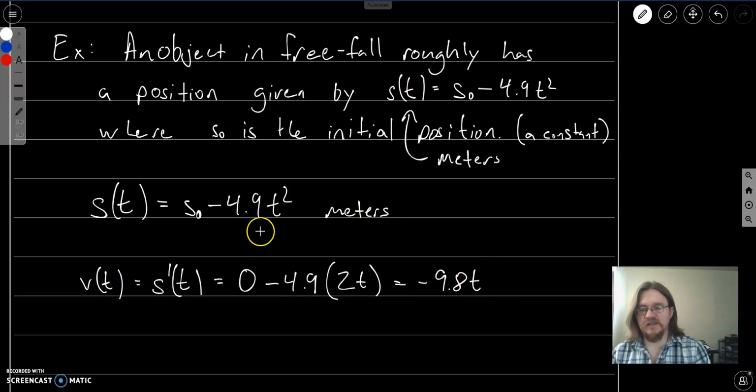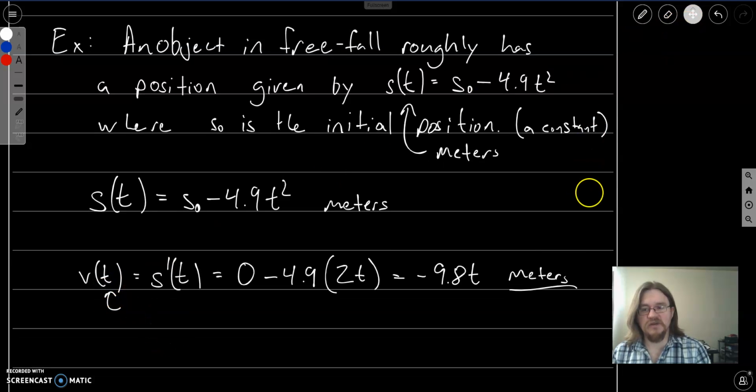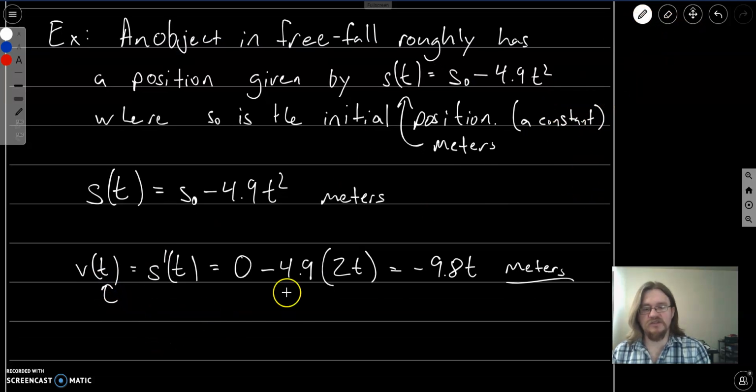Our velocity, when we take the derivative, is going to be meters per unit time. If we're taking the derivative with respect to time, we're looking at the rate of change in our position over time. So maybe we're measuring time in seconds, so this is going to be meters per second.